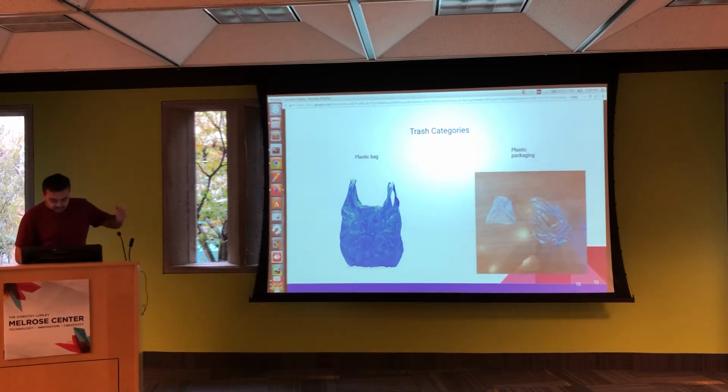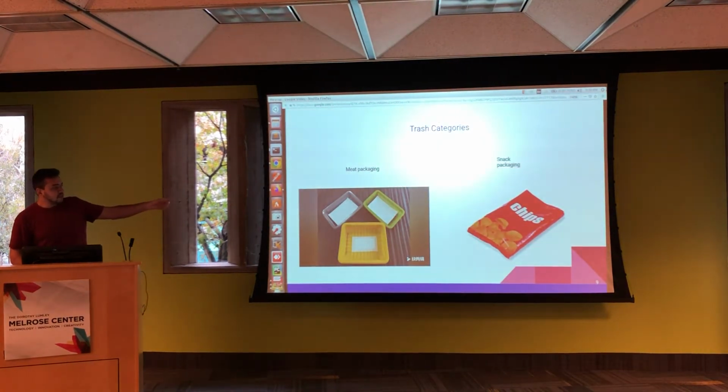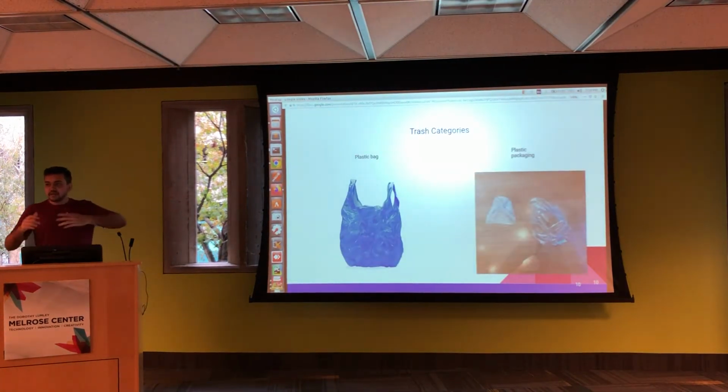If you have this meat packaging, although it is in the plastic category, it looks very different from this plastic bag. So rather than putting into a single category and making it hard for the model to generalize on the plastic category, we try to make it learn differently, and then once the model has learned, we can do our own post-processing to put it into a plastic category.